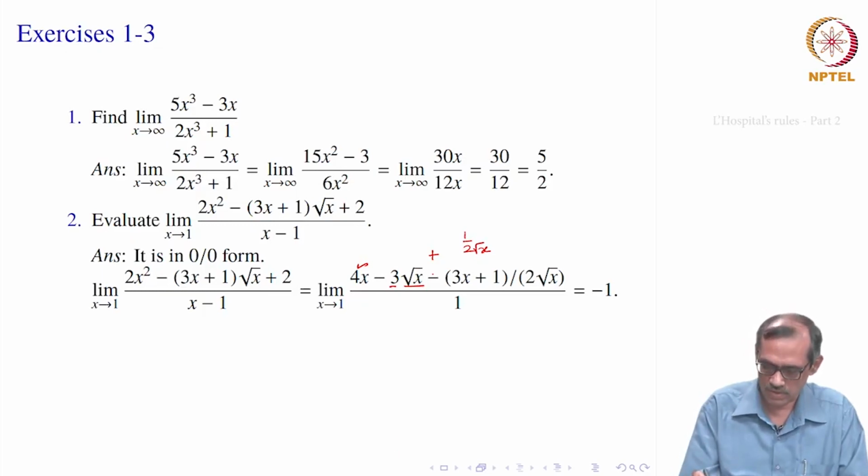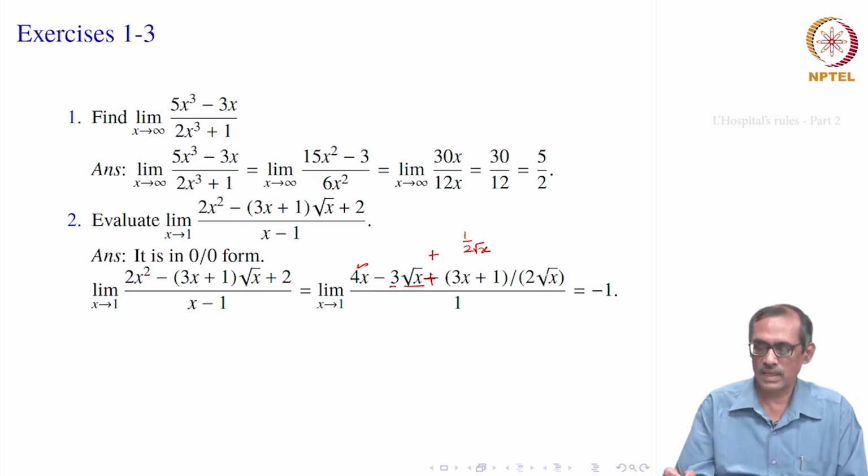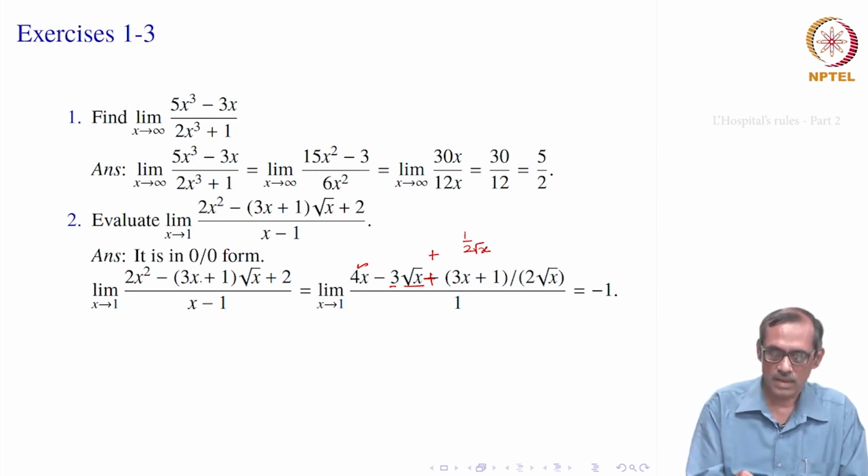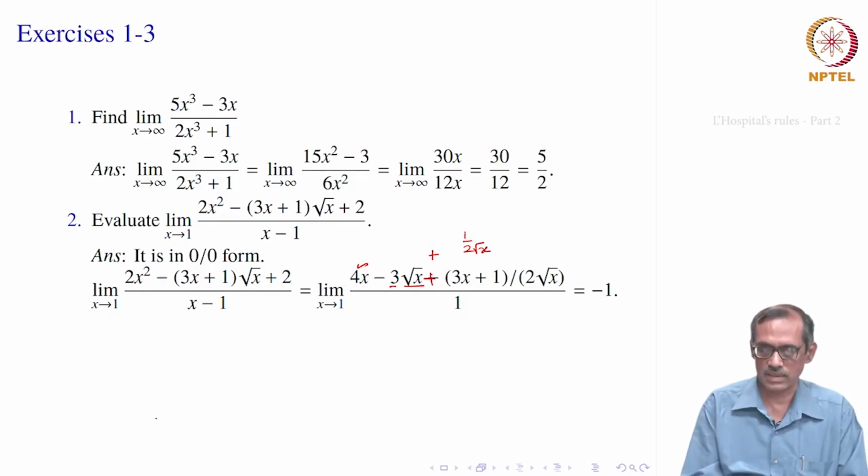So, that should be plus sign not minus, this minus and 1 minus comes here and divided by, okay, but no, this is not division, this is really multiplication. So, that means we have 3x plus 1 into root x.